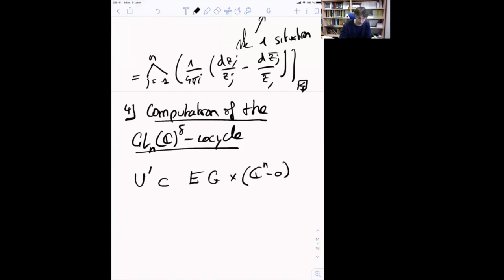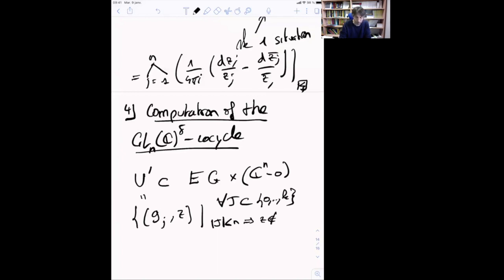U prime is associated to the tuple of elements in G and one vector Z, such that if j is smaller than n, then Z does not belong to the span of what I have denoted Qj, where Qj was Gj minus 1 E1.